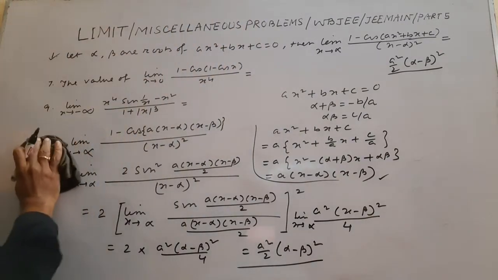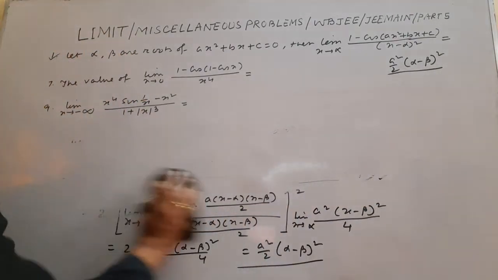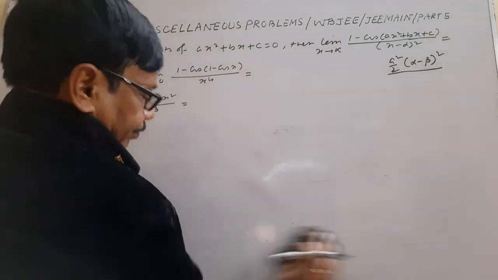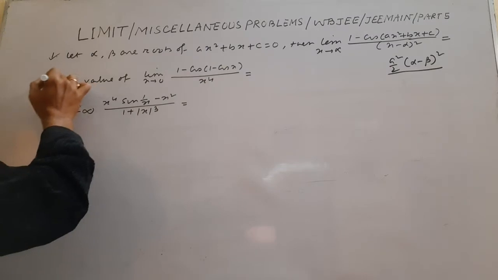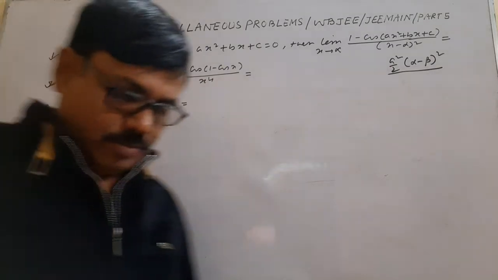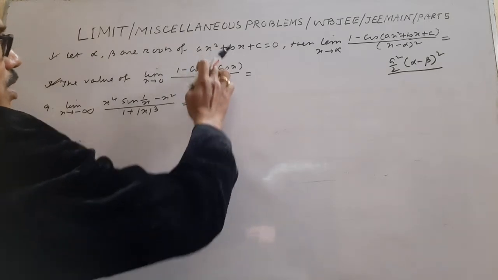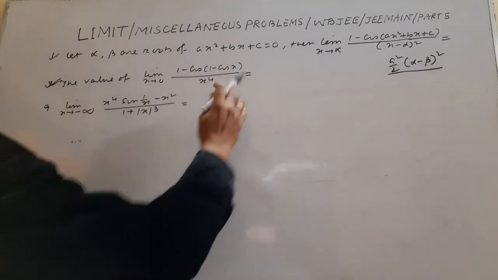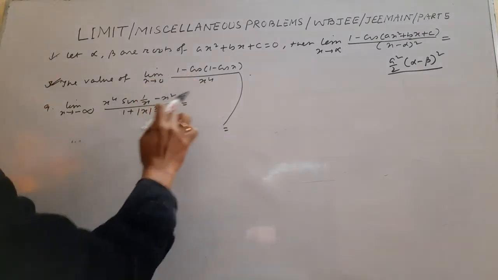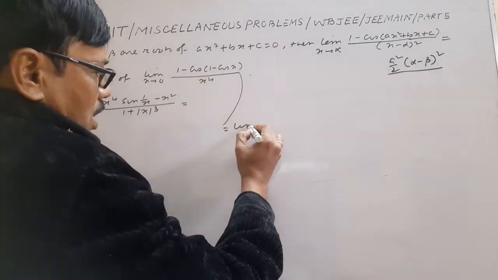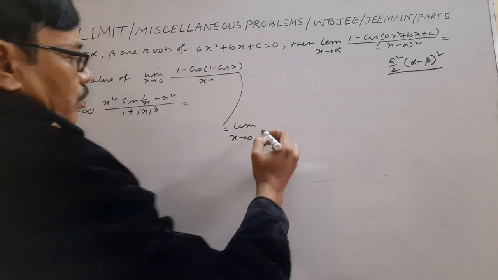Now, second problem. So this and this are exactly the same. So 1 minus cos, the power is x to the power 4. So it is not simple if we use L'Hospital, since the power is x to the power 4. So avoid L'Hospital rule. x tends to 0.